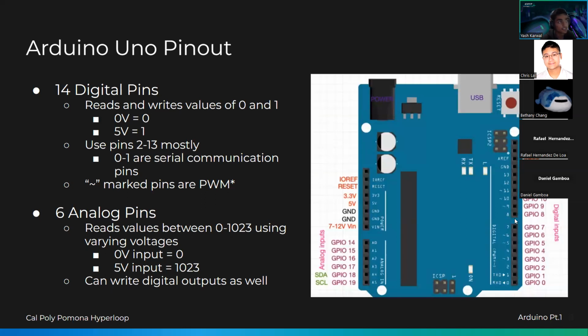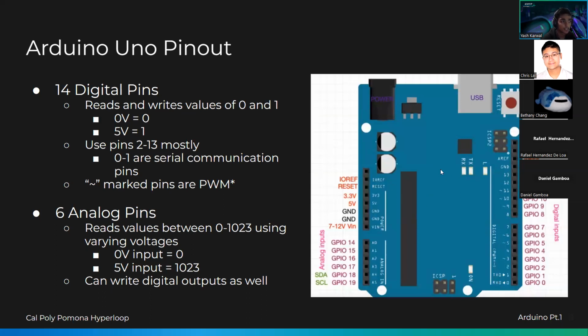What that means is that these pins can only output ones and zeros. So that's digital, right? It's either off or on, high or low, 0 and 1. Usually you use pins 2 through 13. You don't use 0 and 1 because they're communication pins for the actual Arduino.